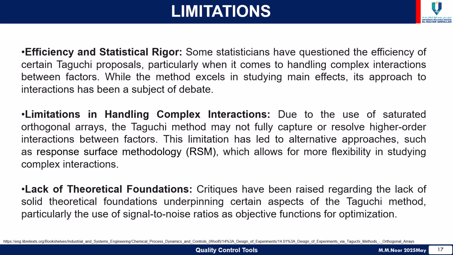Limitation in handling complex interactions. The second one. Due to the use of saturated orthogonal arrays, the Taguchi method may not fully capture or resolve higher order interactions between factors. This limitation has led to alternative approaches such as response surface methodology, which allows for more flexibility in studying complex interactions.